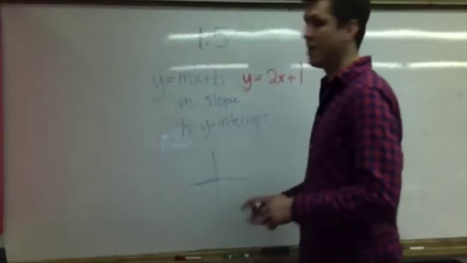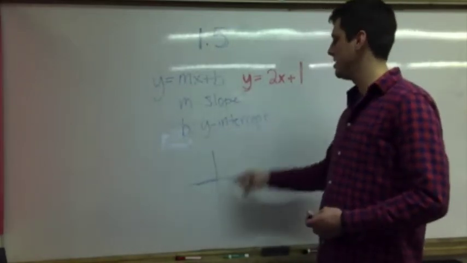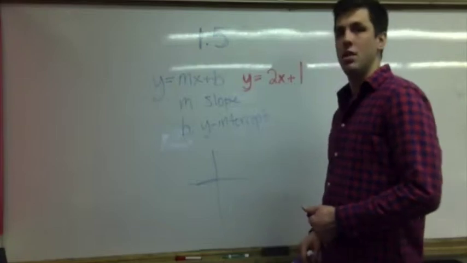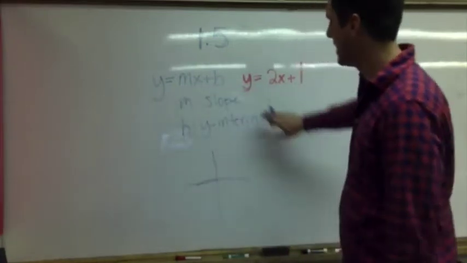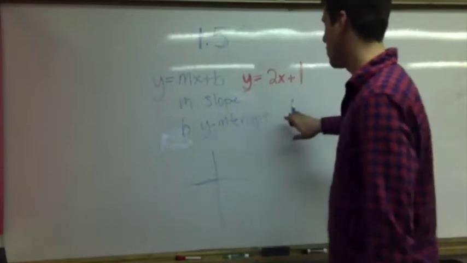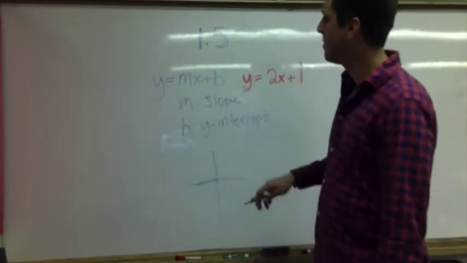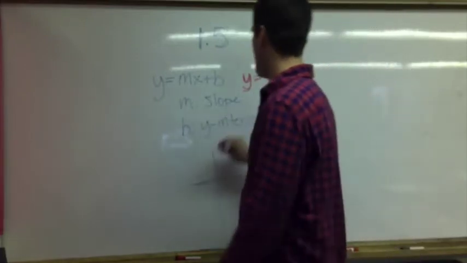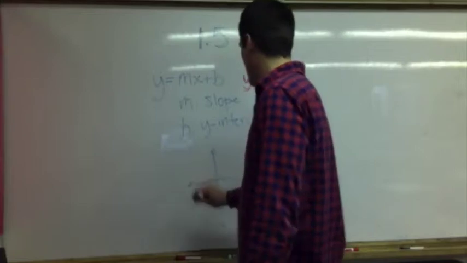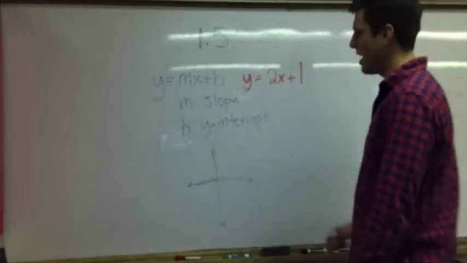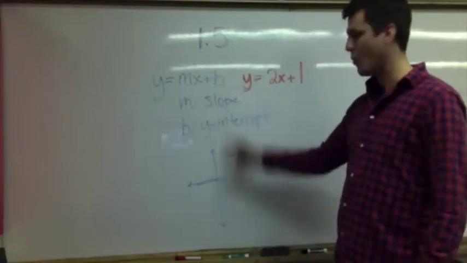So there's one more thing I want you to know: going from the equation to the graph. Now, in an equation, you have y equals mx plus b, and earlier I said this is the slope, and this is the y-intercept. Going from an equation to a graph, you may start to understand these terms. The y-intercept is where your straight line, according to this equation, hits the y-axis.